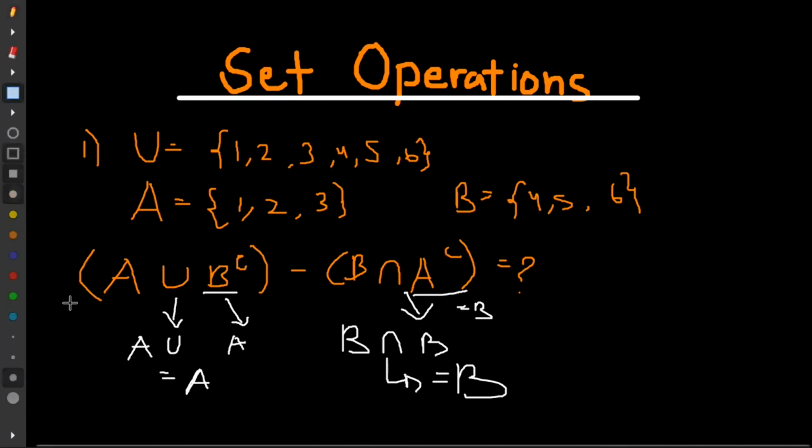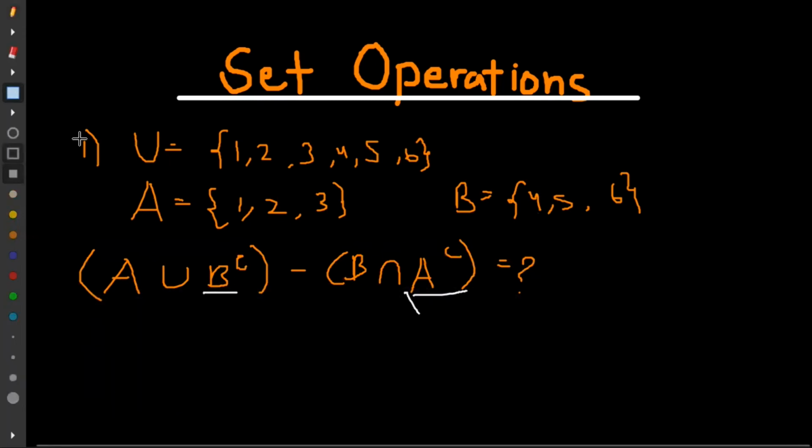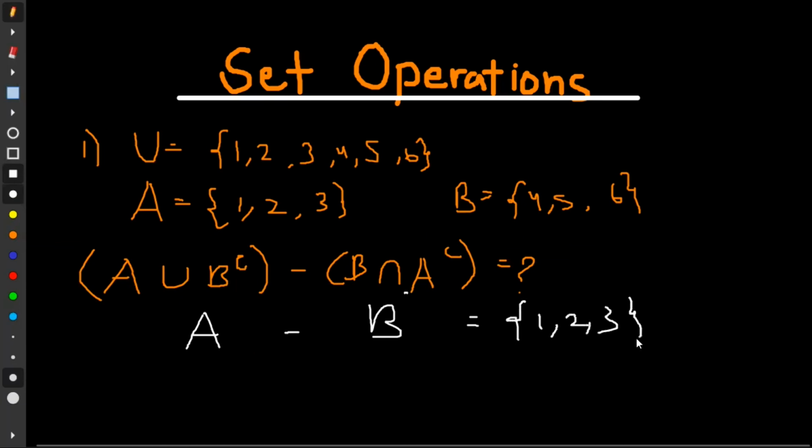So let's rewrite this. After simplifying, what we are just finding here is A minus B. Since A does not contain any elements that are common in B, we won't subtract any elements in A. So the outcome is simply 1, 2, 3, or A. The final answer for this one is simply A.